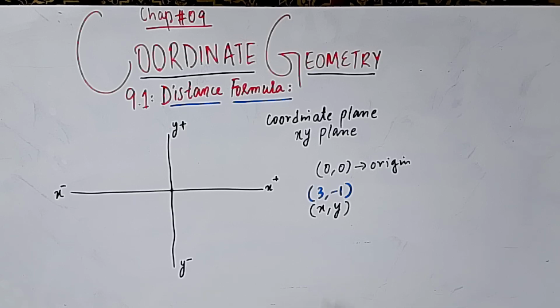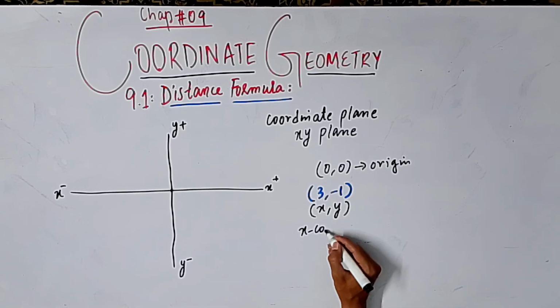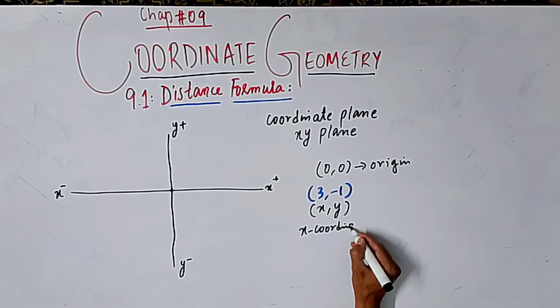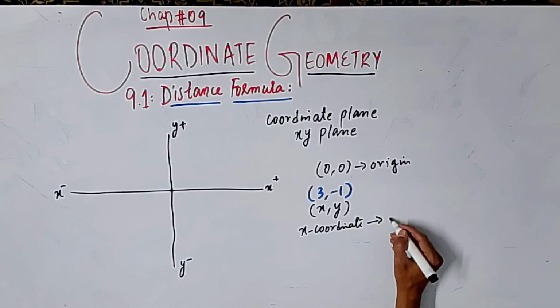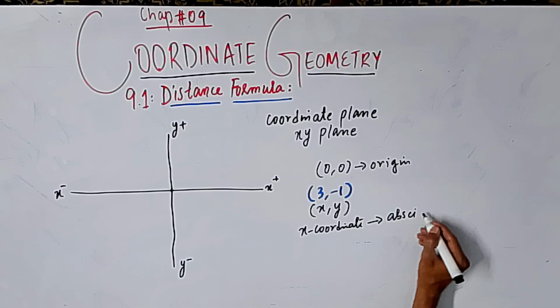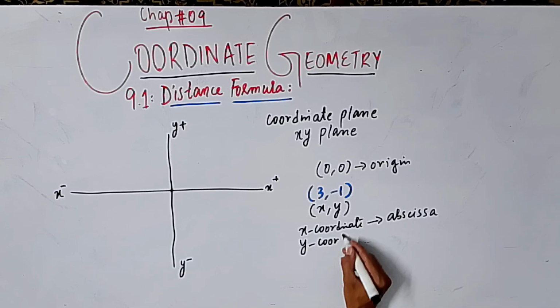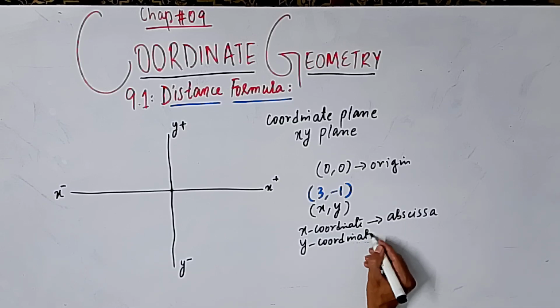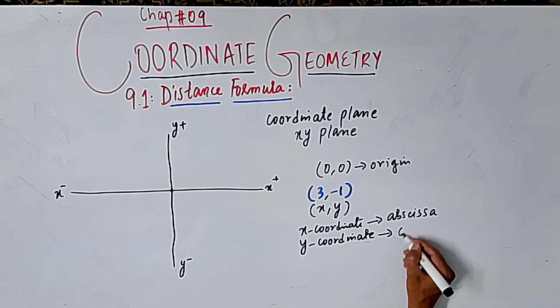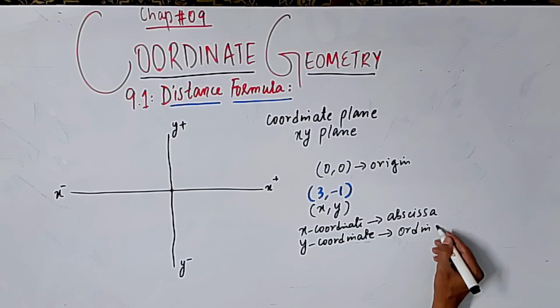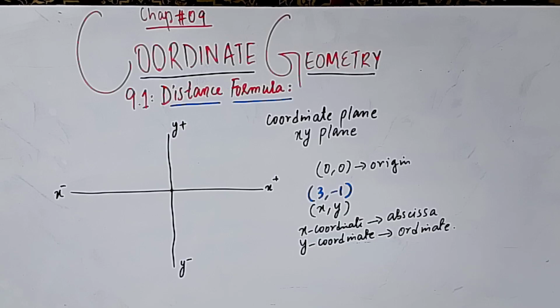And remember, the x coordinate is also called abscissa and the y coordinate is called ordinate. These terminologies will help you in the MCQs. So these are other names of x, y values, abscissa and ordinate. If it is written plot 3 comma minus 1, or if you want to locate 3 comma minus 1.